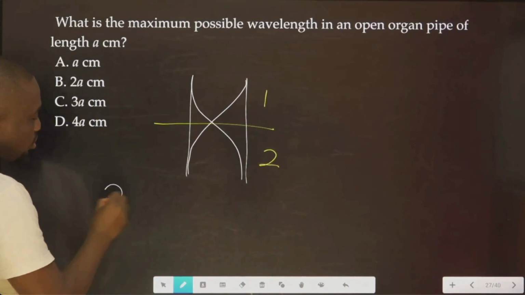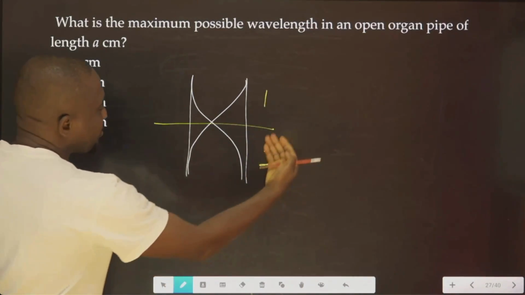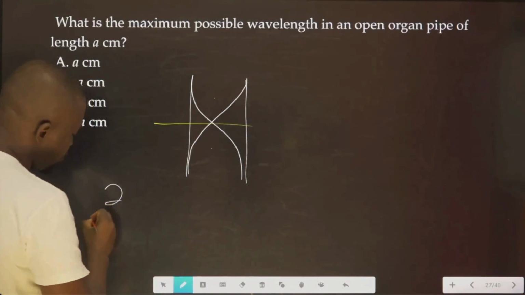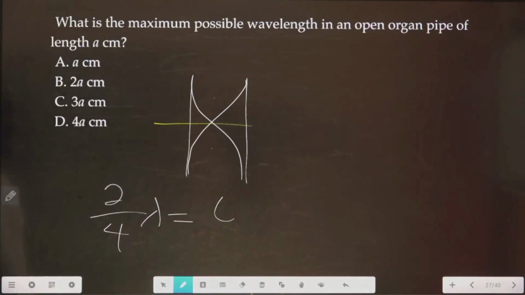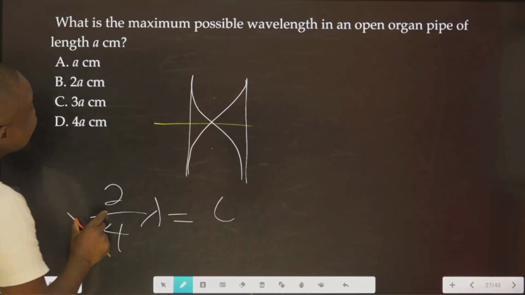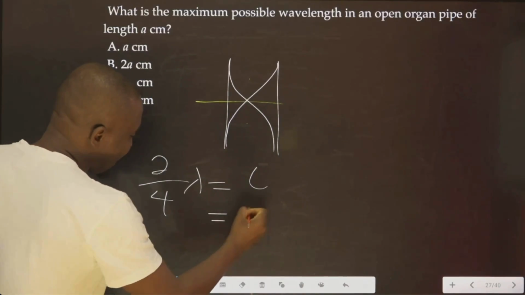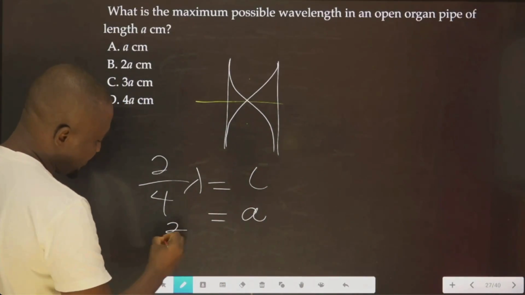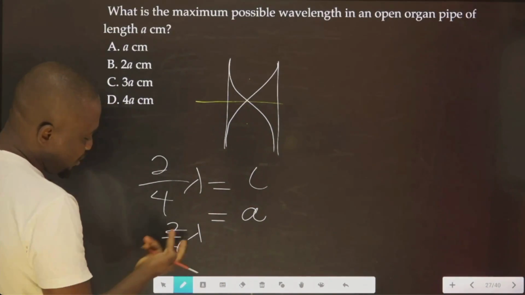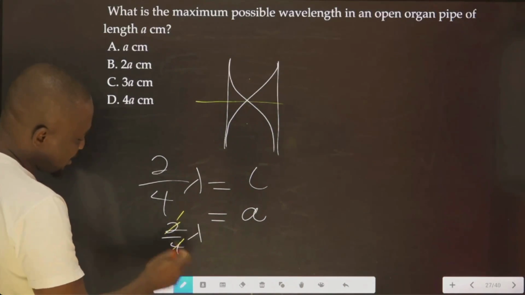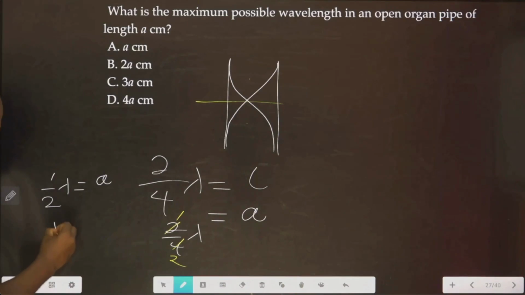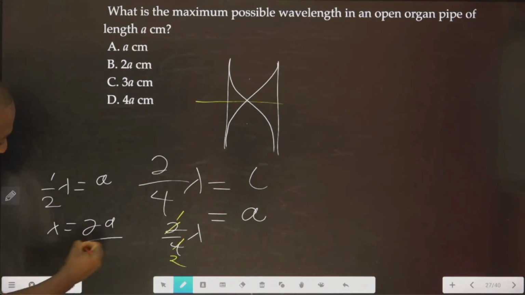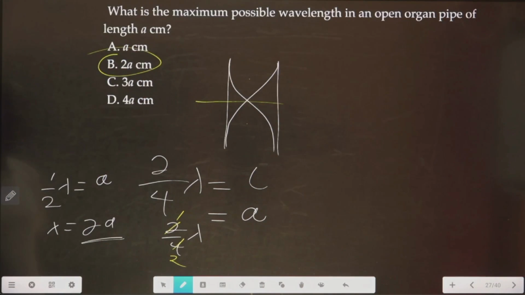That is 2 altogether. 2/4 wavelength is equal to the length. We are told the length is A. You agree with me if you cancel here? That is 1/2 equals A. So the wavelength, therefore, is 2A. That is cross multiply. B is the answer.